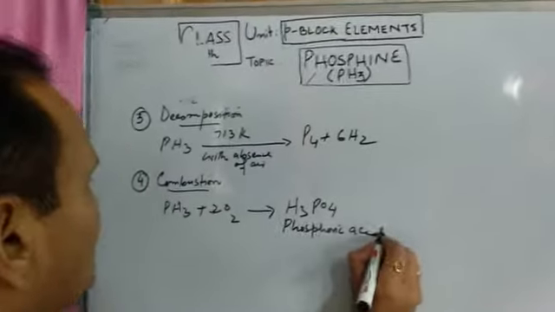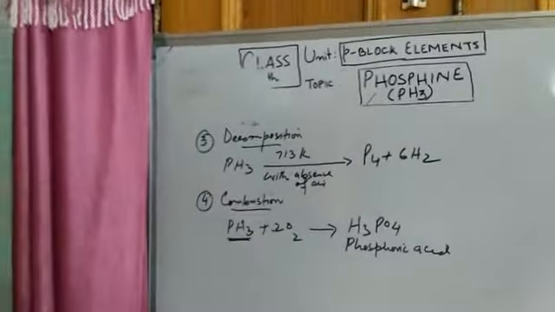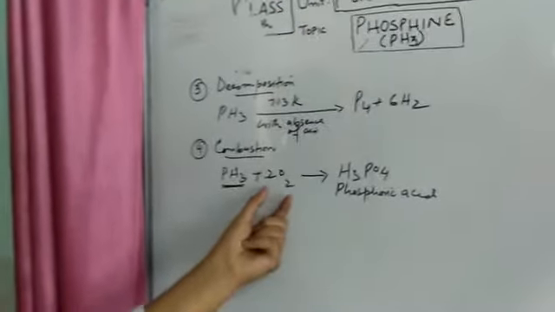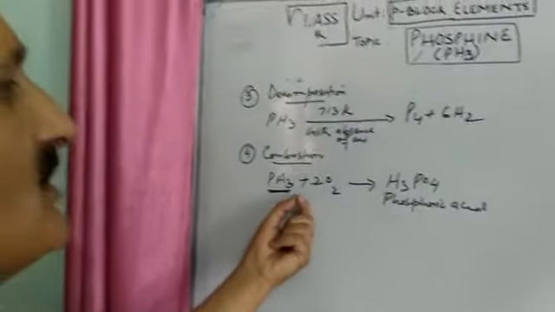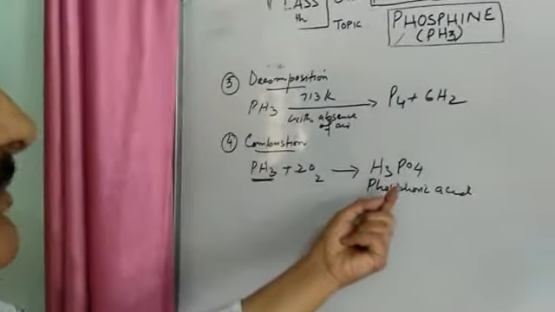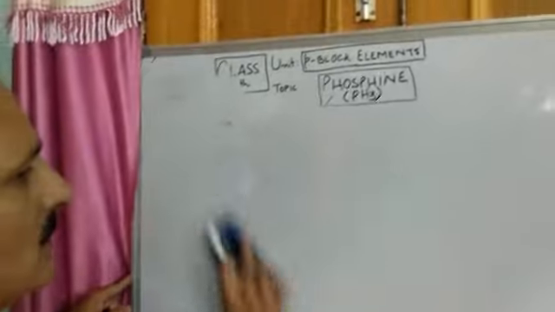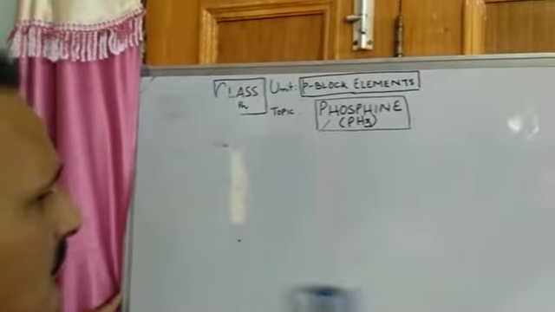So what happens to phosphine when it is brought under combustion with oxygen? It undergoes combustion and forms phosphoric acid. So this was combustion.